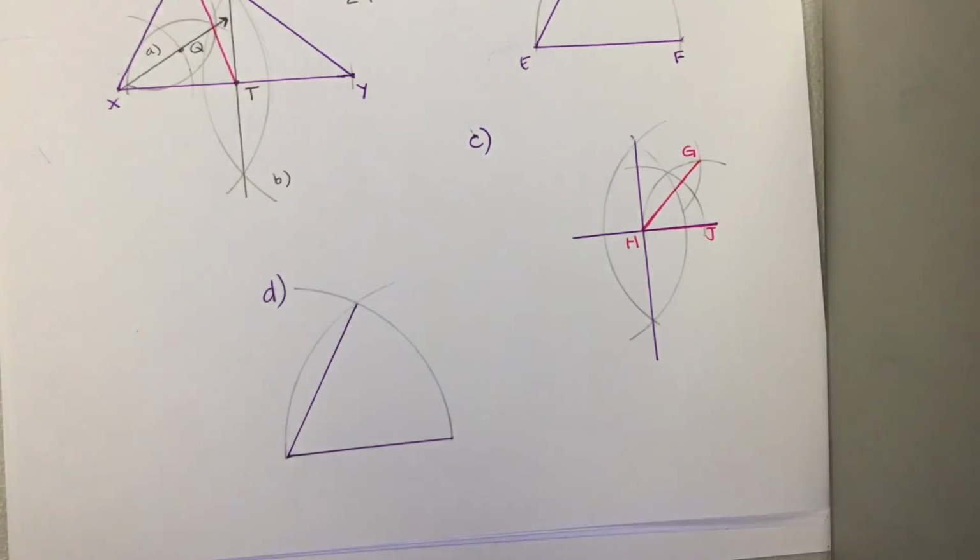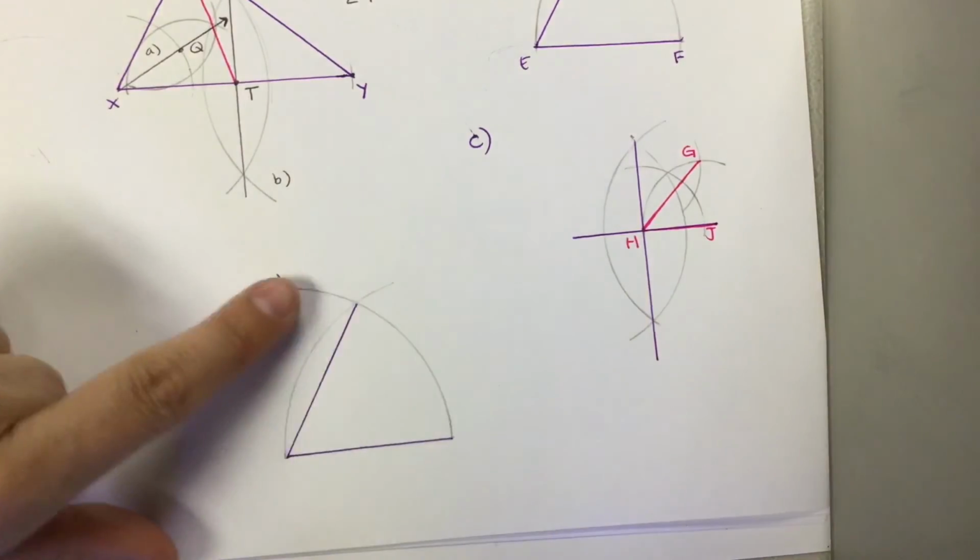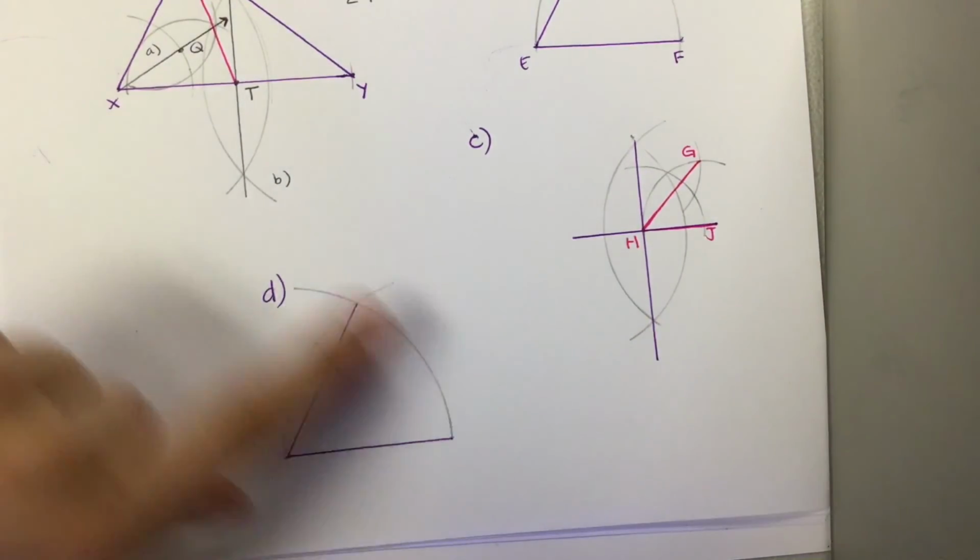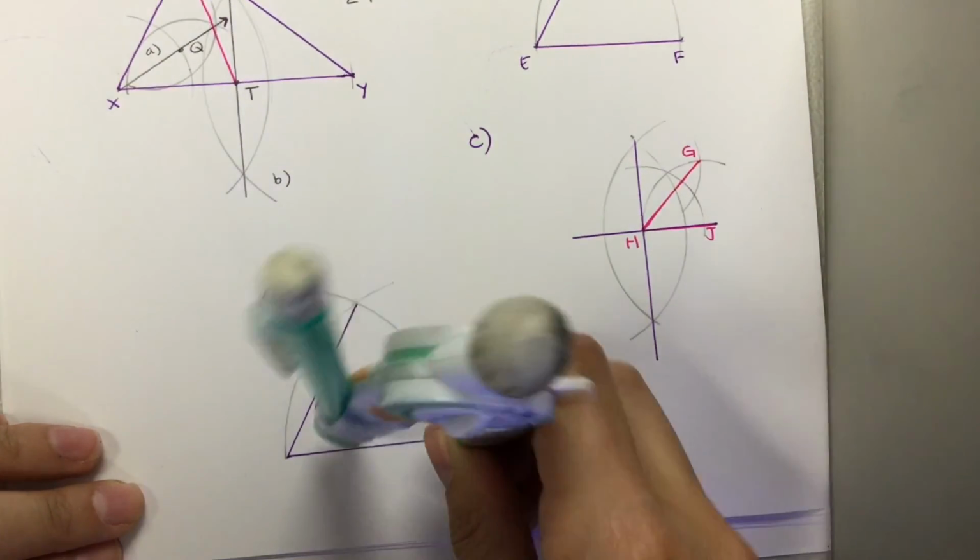All right. And then we want to bisect that for 30 degrees. So if you take a look on the 60 degrees, I already have an arc across, so I'm just going to bisect using that arc.